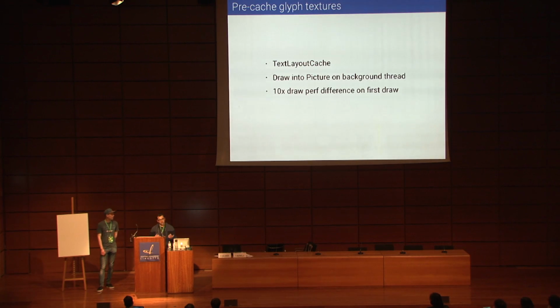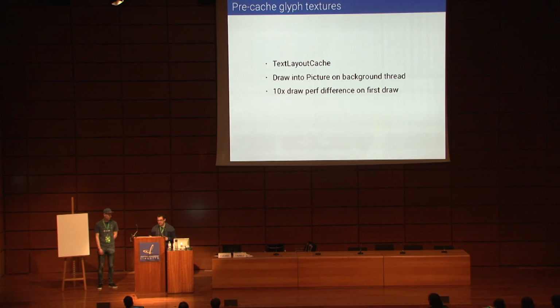So if you have a very complex piece of text that you have to render and you don't want to spend 50 milliseconds drawing just the text, what you can do is spawn a secondary thread and draw the same text layout that you're going to use in your view on a picture. Picture is a nice API in Android that basically allows you to draw on a bitmap off screen, whatever you want. It really just records the canvas commands.